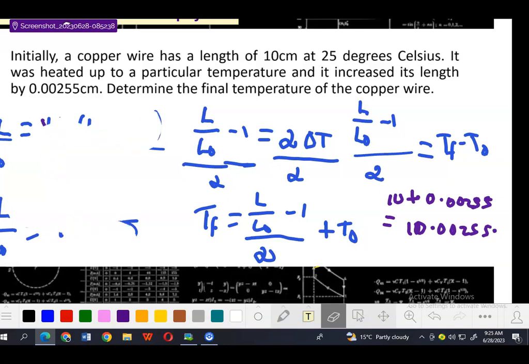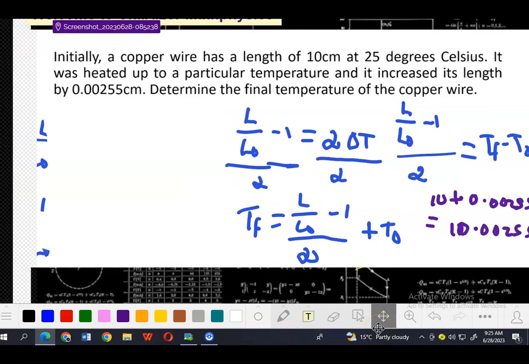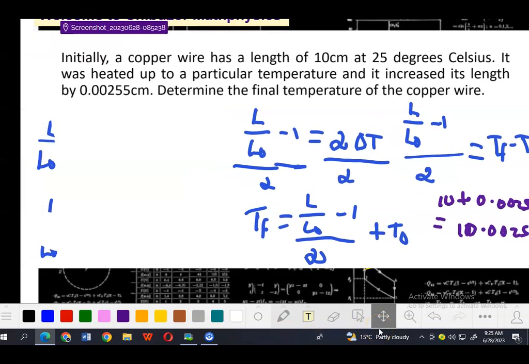So at this point, let's get some space here and then substitute the values.